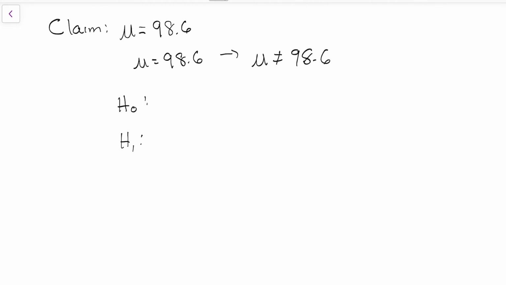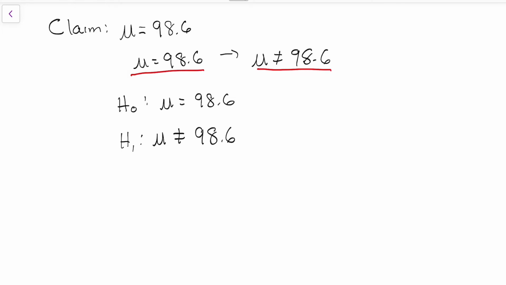So our null hypothesis will always be the claim equaling our value. And again, out of the original claim and the claim not containing equality, our alternative hypothesis is the one that avoids equality. So in this case, our alternative hypothesis would be mu is not equal to 98.6.